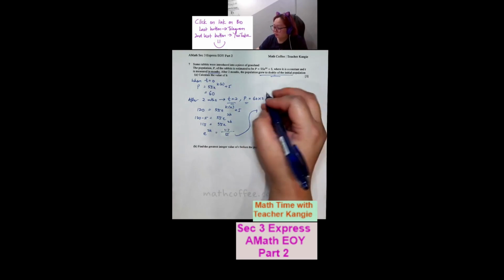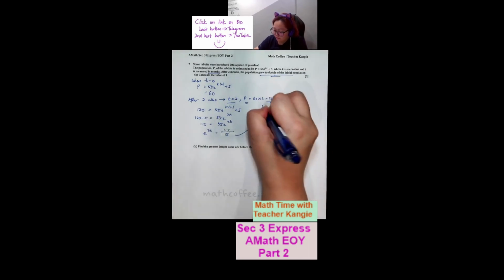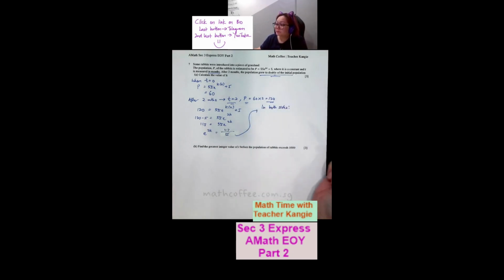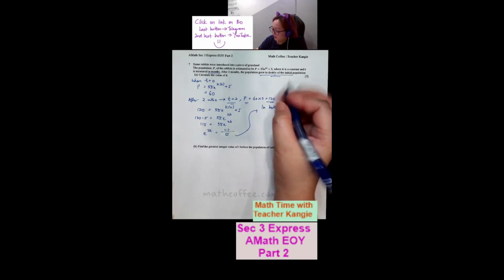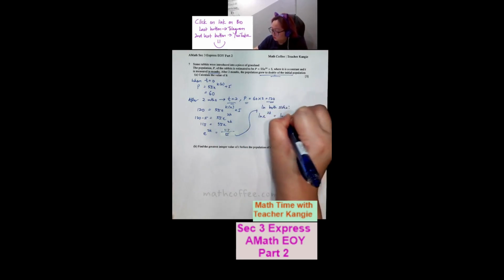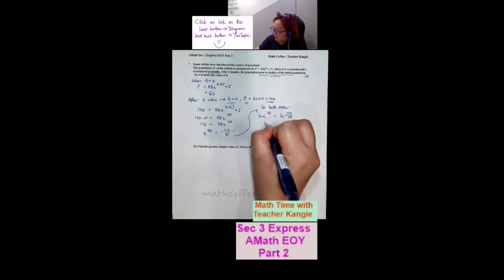I'm going to ln both sides because base e is involved. So you will write ln both sides. Then we have ln e^(2k) equals ln of 115 over 55. Bring down the power, so 2k.